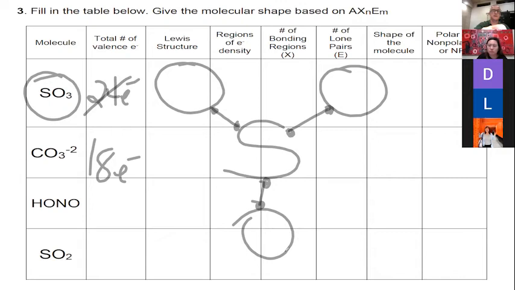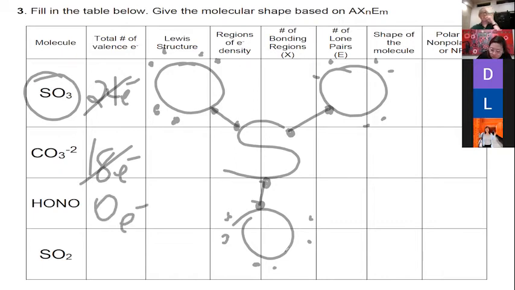So let's do that. 2, 4, 6, 2, 4, 6, 2, 4, 6, and I'm out. No electrons left. So what I haven't made apparent enough to you is a concept known as charge.